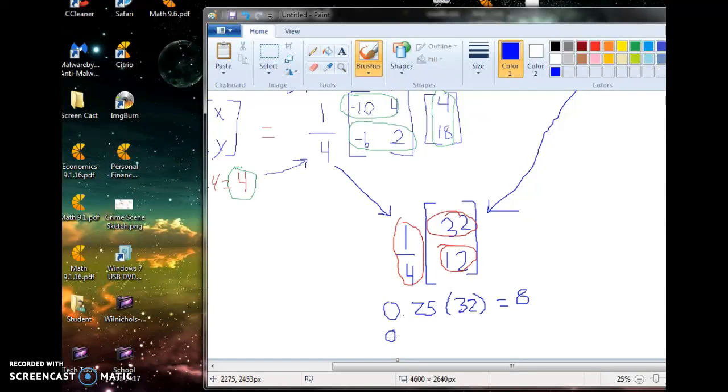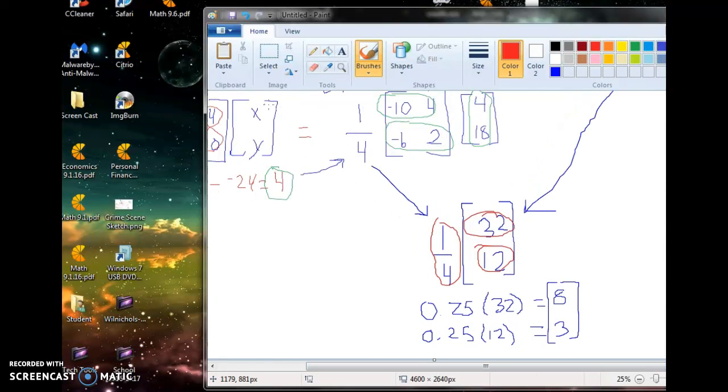And 0.25 times 12 is going to give you 3. So this is our end matrix, the numbers that are going to go in this x and y here. These numbers are connected now.